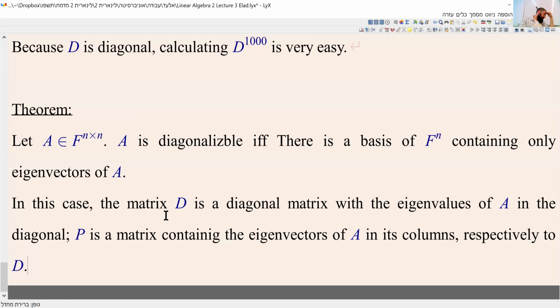But we'll have two examples. First of all, an example where there is a basis, and secondly, an example where you don't have one. And then we can continue the first example with finding D and P. Okay? Examples.